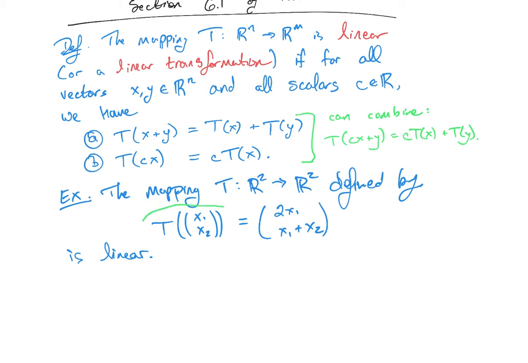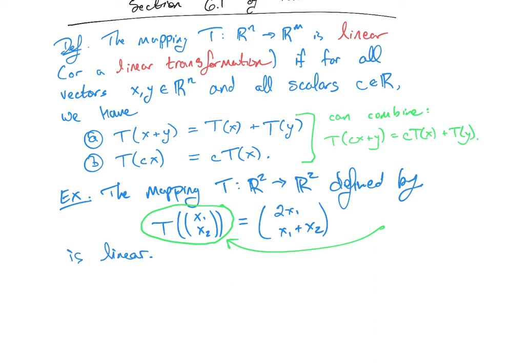Now, this is also awkward, because here we have these double parentheses. The outer parentheses are kind of going with the function. T is a function, so we always do function with parentheses. The inner parentheses are because x1, x2 is a vector, and we always do vectors in parentheses, okay?